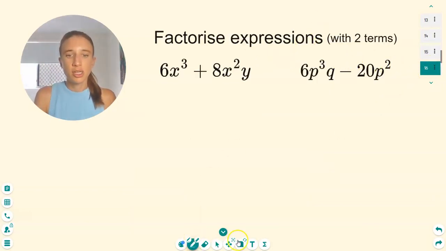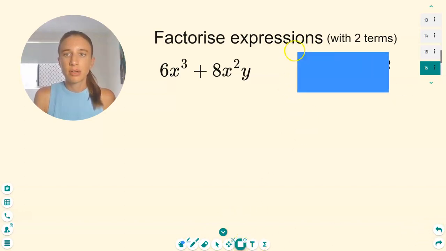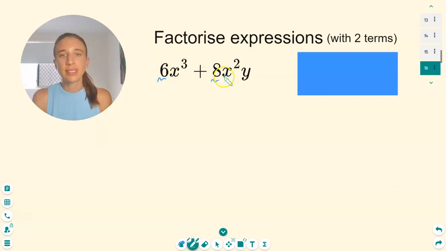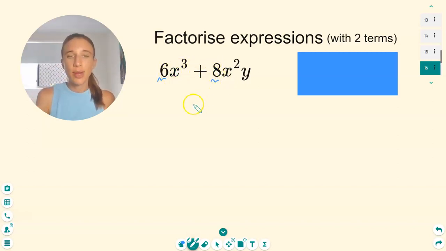Factorize expressions. Let's go. Let's cover up this one. We're pulling a highest common factor out the front. Check the coefficients first. What is the highest common factor between 6 and 8? I look at them and see they're both even, which is a dead giveaway that 2 must come out the front. They're divisible by 2.